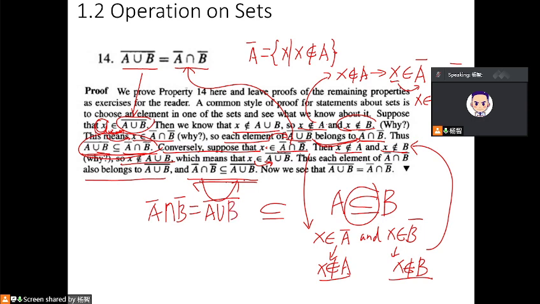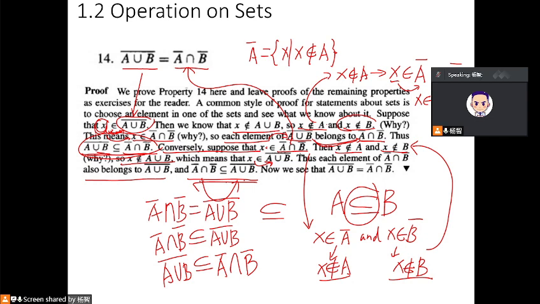If they are equal, it also means this and this are equal, and now we have proved this property 14.